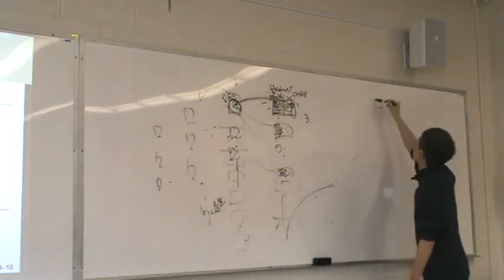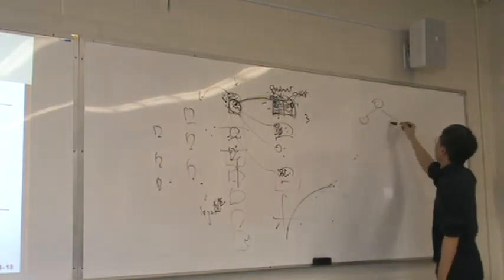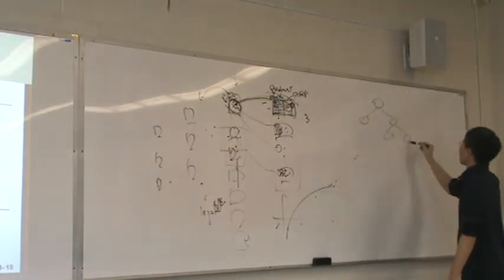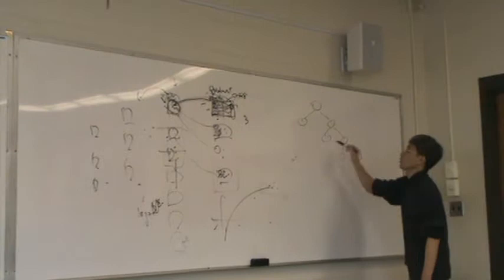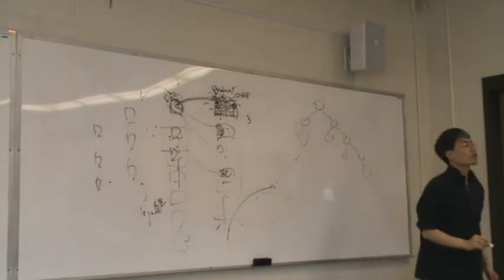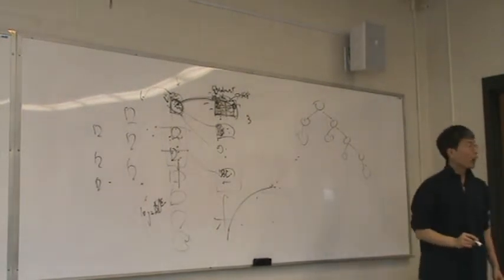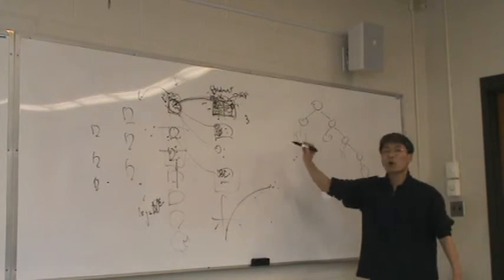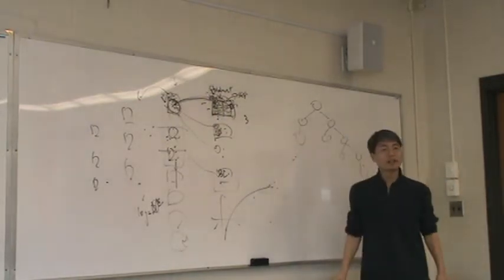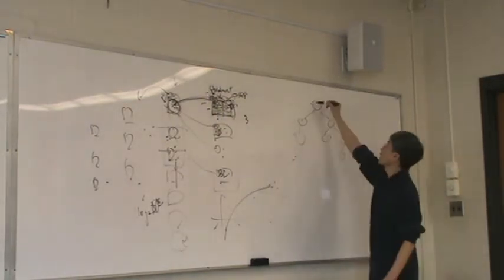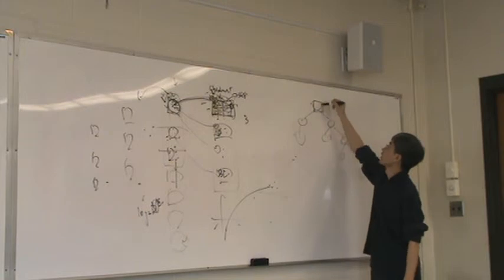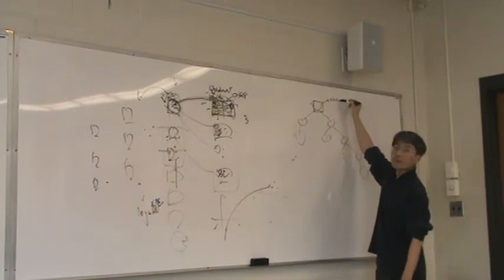Eventually we can build such a tree structure. This is called a search tree. How can you use the search tree to access data? Each one is a node, right?